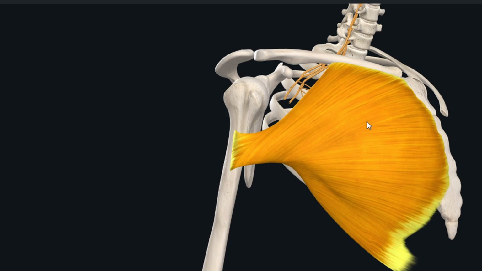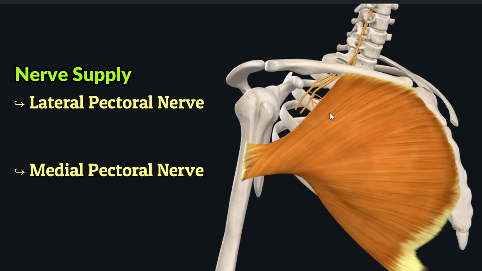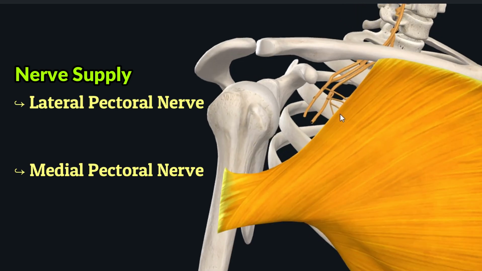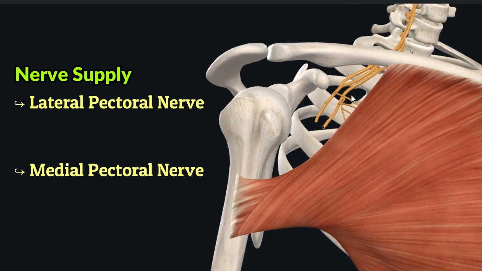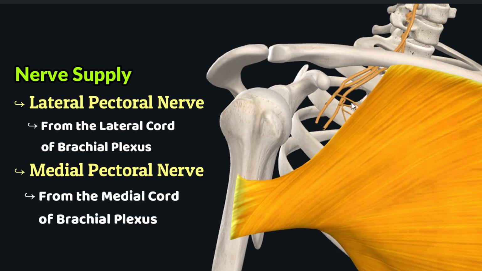Now if we look at the nerve supply of the pectoralis major muscle, this muscle is supplied by two nerves, the lateral pectoral nerve and the medial pectoral nerve. The lateral pectoral nerve originates from the lateral cord of the brachial plexus, while the medial pectoral nerve originates from the medial cord.